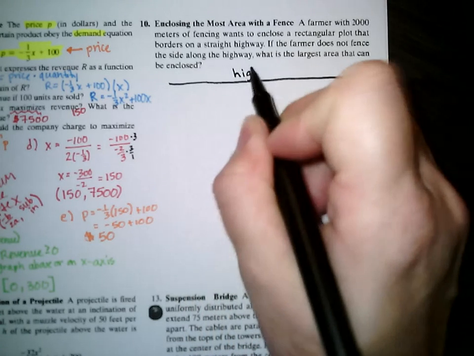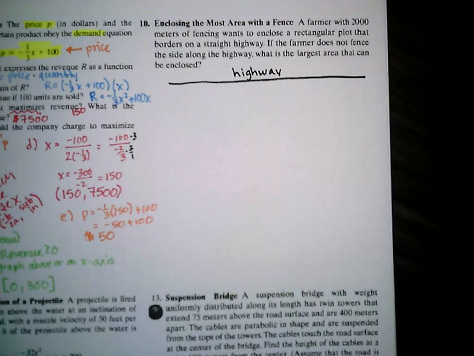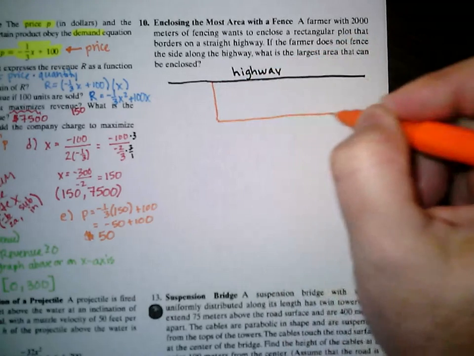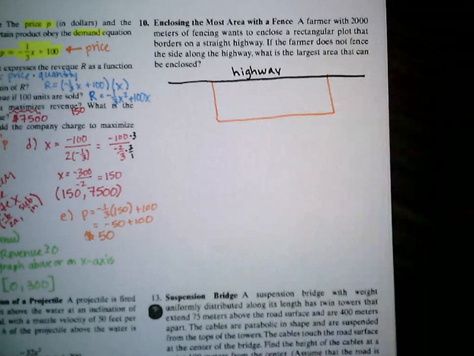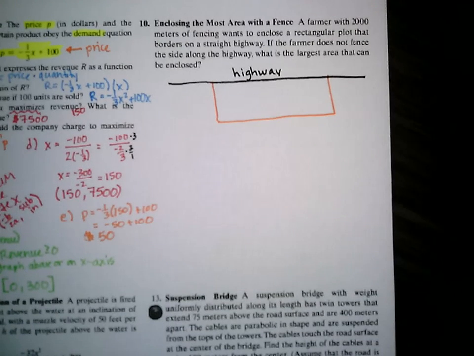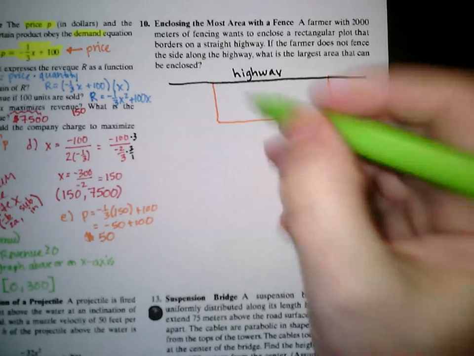So here's our highway, and our farmer is going to enclose the field with some fencing along 3 sides. They have 2,000 meters of fencing that they're going to use, and we want to maximize the area.